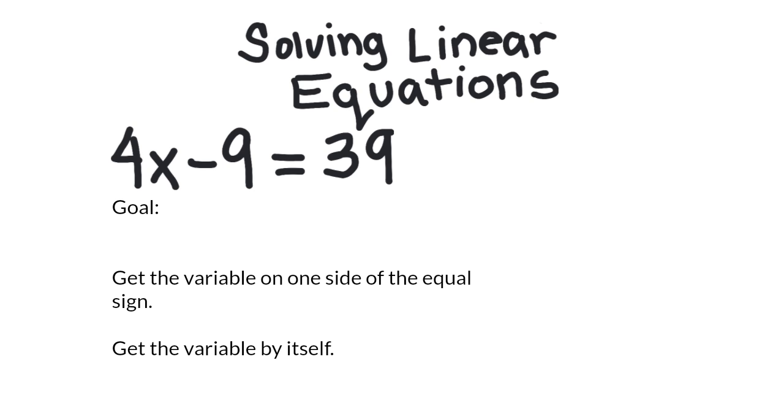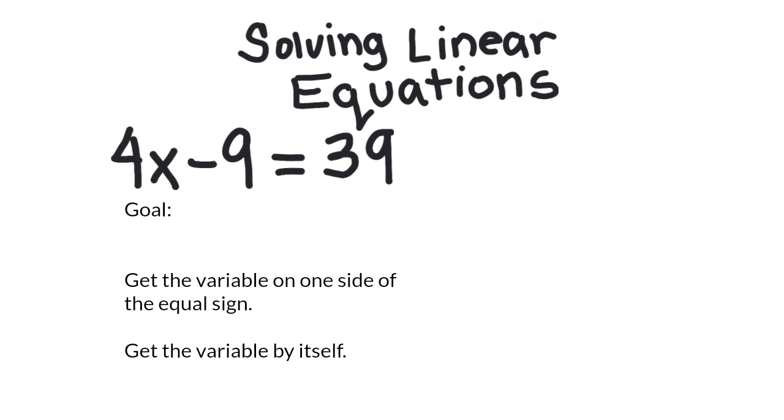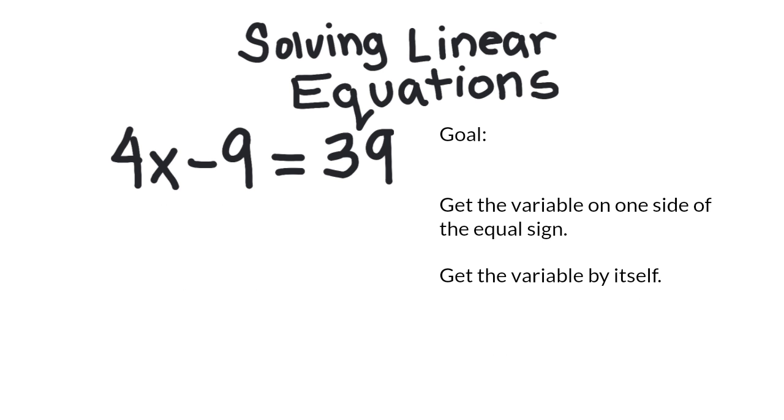So we have to work on the second part of the goal, which is to get the variable by itself. Right now the variable is not by itself. It's on the same side of the equal sign along with -9 and +4.